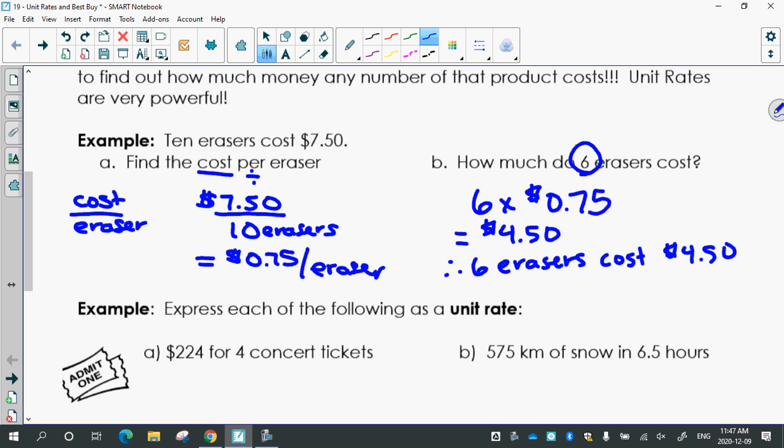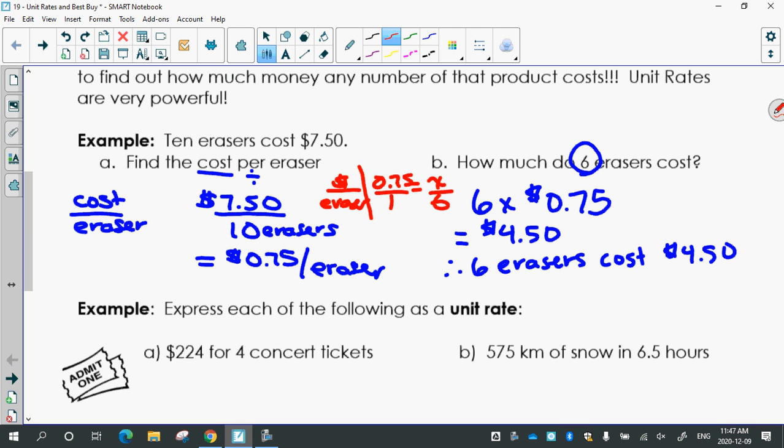You could also have done a proportion for this, which would give you the same answer. You could have done 75 cents per 1 eraser equals X for 6 erasers.